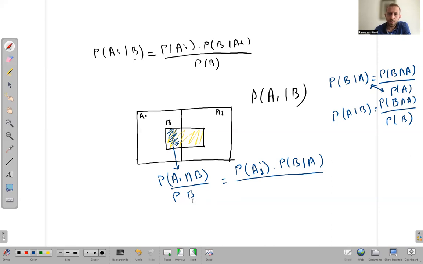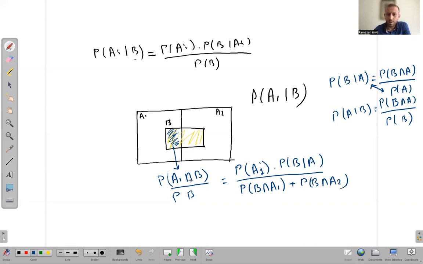And now let's write B. How can I write B? B is equal to the probability of B intersect A1, this part, plus the probability of B intersect A2.